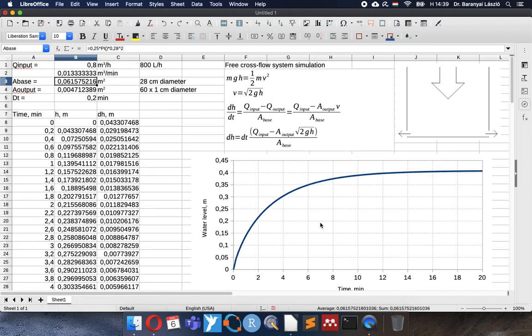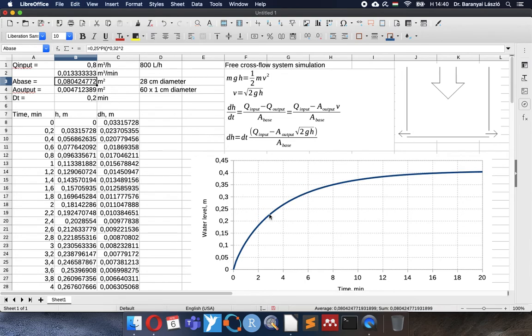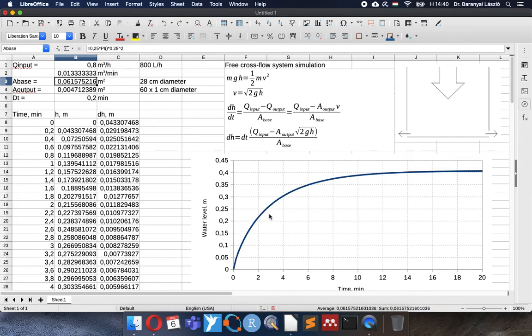So if I change back, you can see that with smaller diameter, smaller surface area here, it is faster. Slower with bigger and faster with smaller area. So we can make it slower, faster, but the steady state level is still this. How we can change the water level?